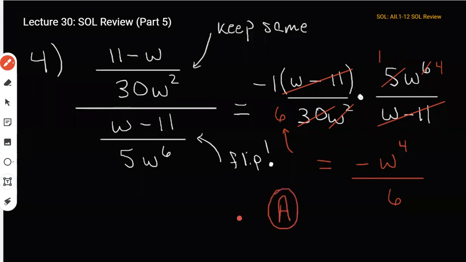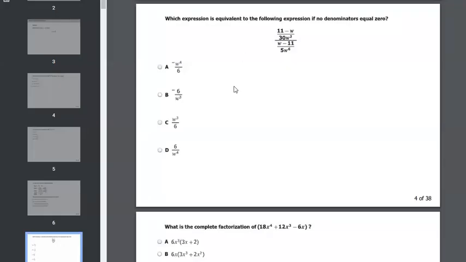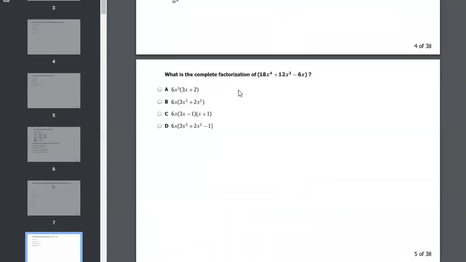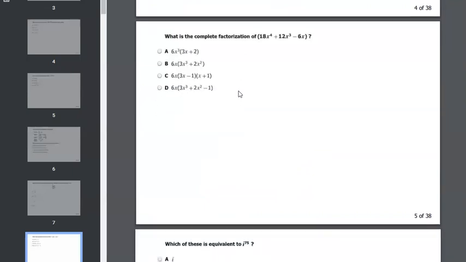So that's number 4. All right, let's look at 5. Five says, what is the complete factorization of this polynomial?